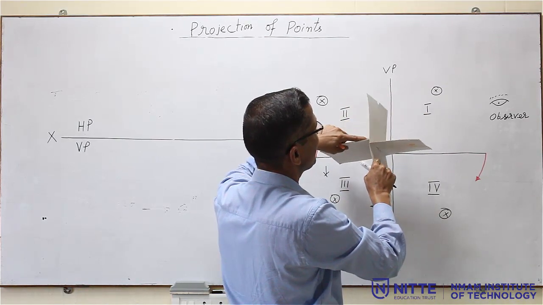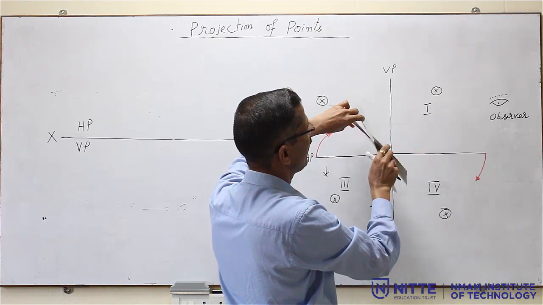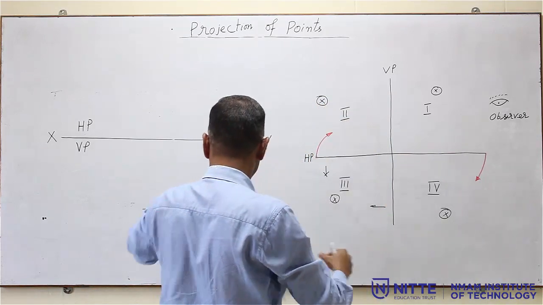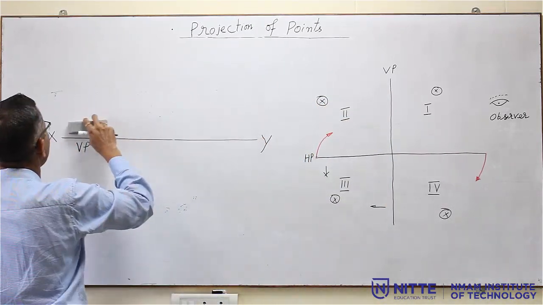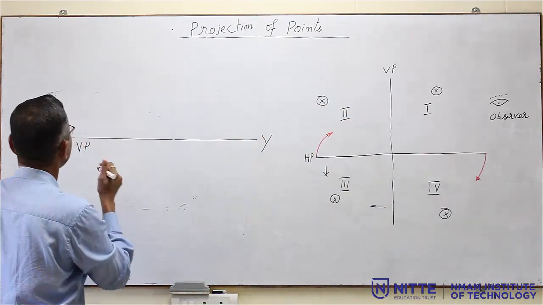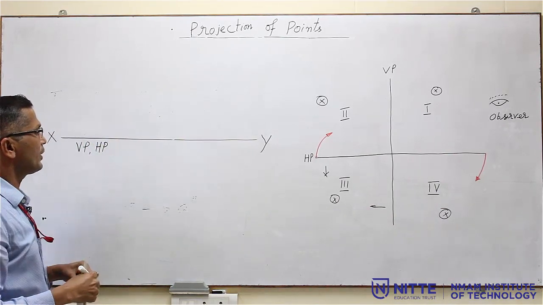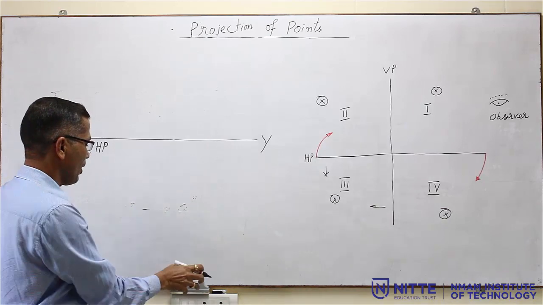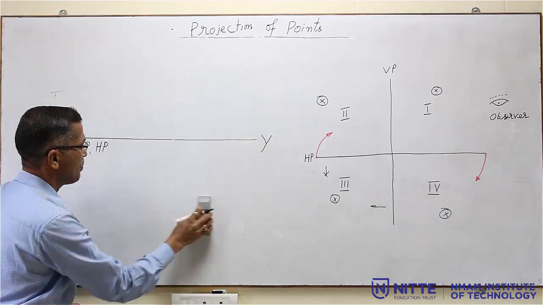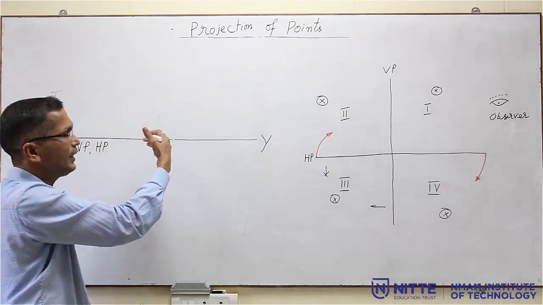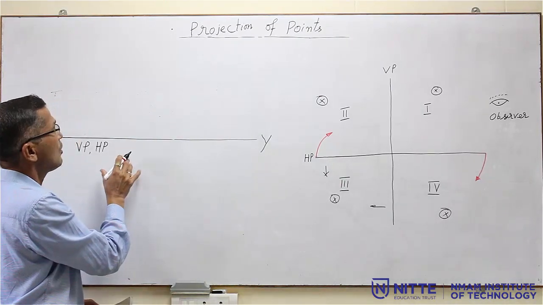I am going to rotate the HP down like this. So, both HP and VP will be below the line. That means the fourth quadrant you have to represent like this, VP comma HP. Whatever drawing you are going to draw, front view or top view, will be below the XY line. There is nothing above the line. So, this is the fourth quadrant.